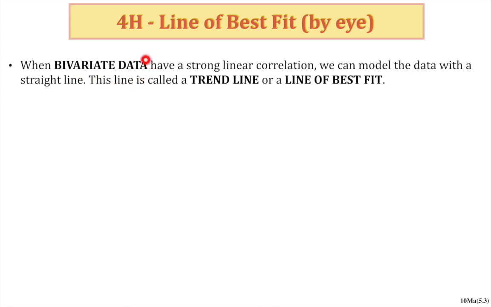We've talked about what bivariate data is. That's when you've got two numbers that are linked together. It could be height and weight or something like that. And when the bivariate data is linked together with a strong linear correlation, in other words, when you put all of the crosses, you might end up with something like this.